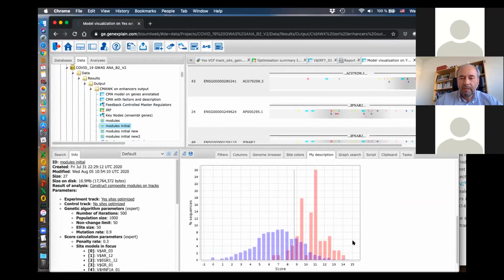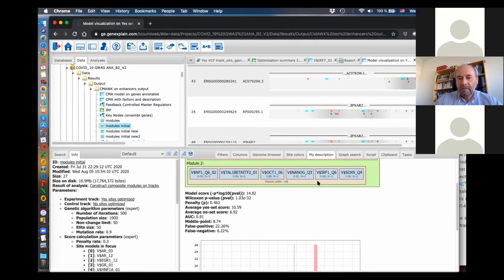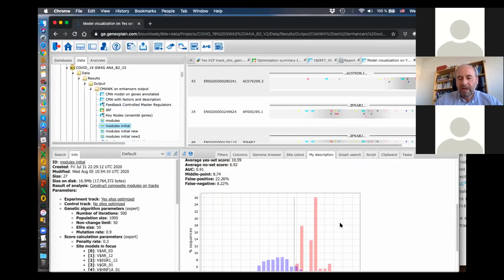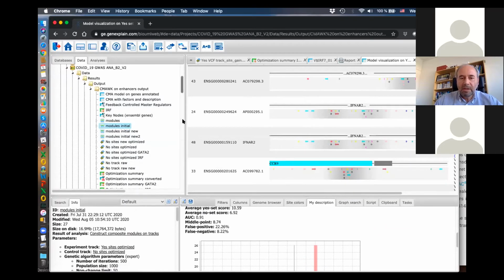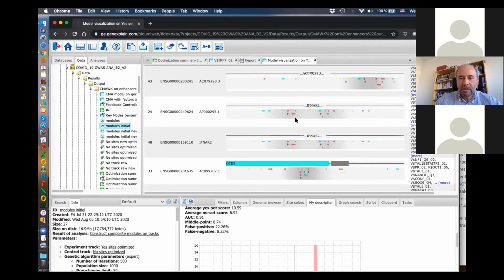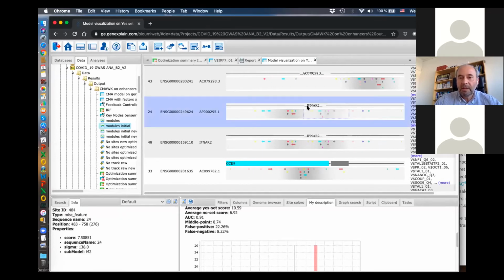So again, you can see here the distribution, how around the SNPs, the sites for these transcription factors are enriched in the regions around the SNPs. You can see each region here in more detail. So for instance, now we are focusing on a region which is located in the interferon receptor gene itself, because as we discussed, this region creates this famous feedback loop.